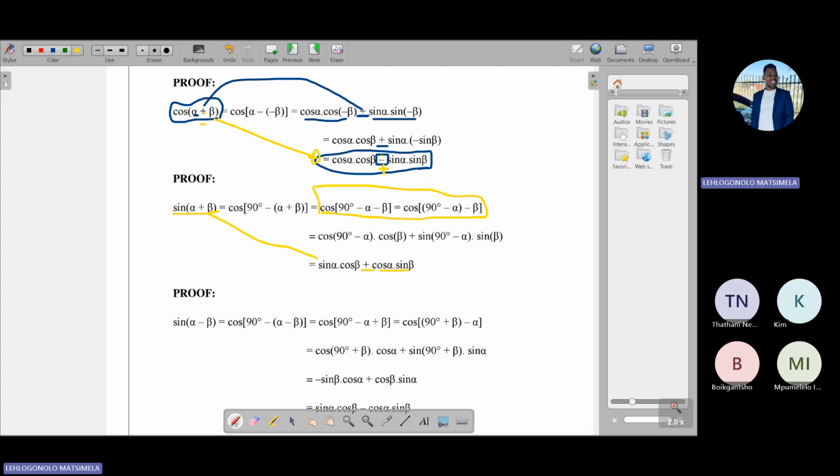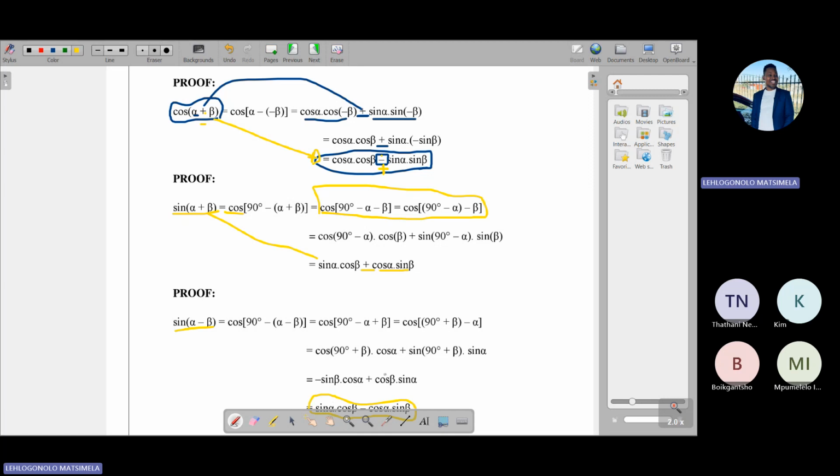So it's going to give us this one. Remember, our sine changes into cos. But we'll come to it in a few slides from now. The next one is when we prove sine of angle A minus angle B. We figure it out in the end. Then we will have sine A cos B minus.